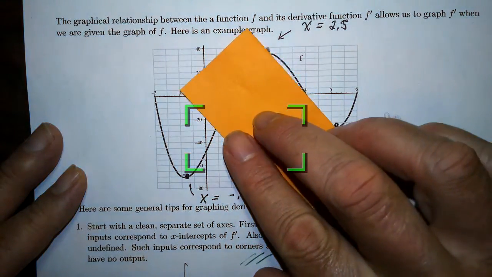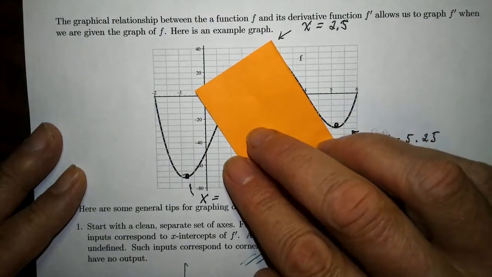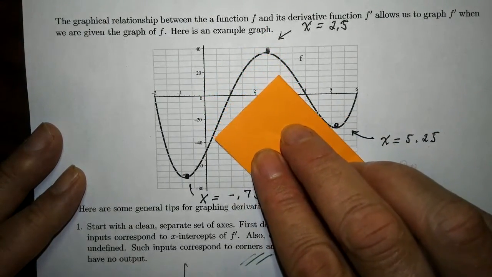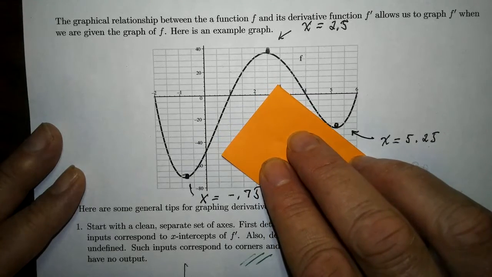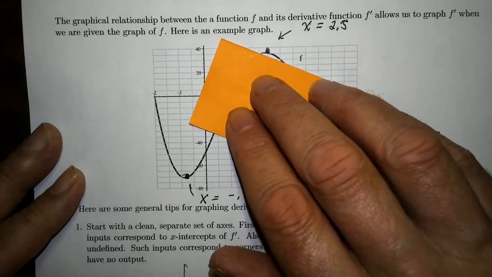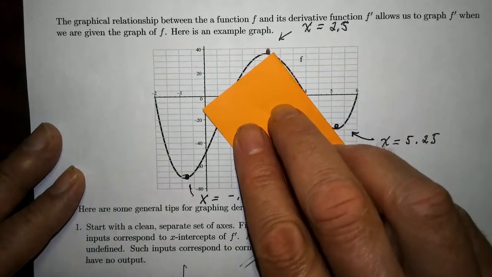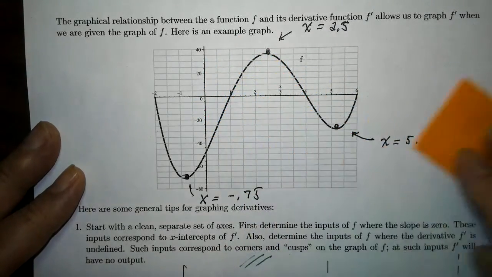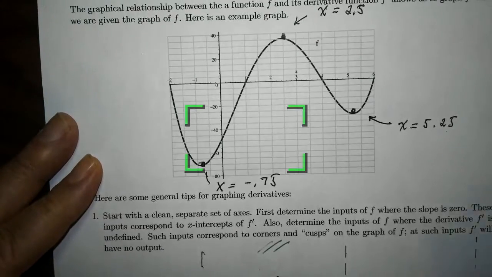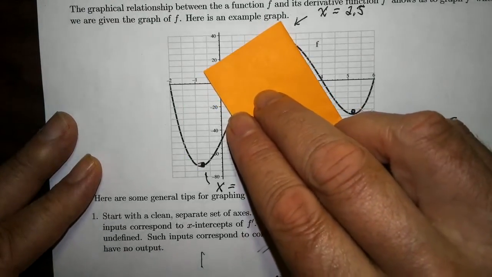The slope is more negative, more negative, more negative. And somewhere right around in here, the slope of that tangent line becomes less negative, less negative. So it's becoming more negative, and then less negative. Where is it most negative? Let's eyeball it at 4.